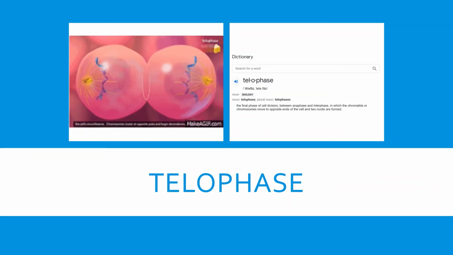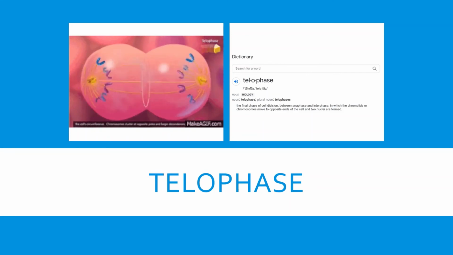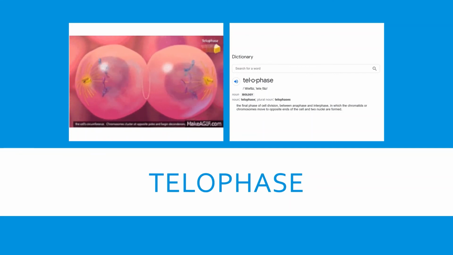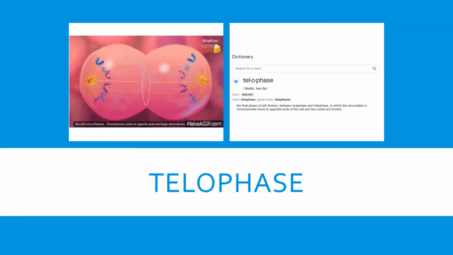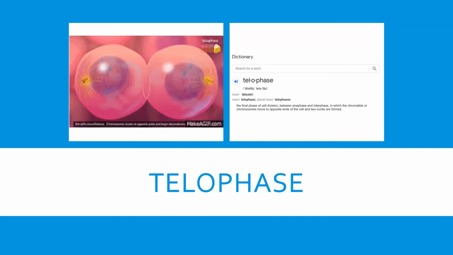Now we have two separate regions, each with one time, or the normal amount, of genetic info in it. And those chromosomes also will unwind themselves back into the chromatin, typical DNA form. And then the nucleus will form around each of those new DNAs, essentially.